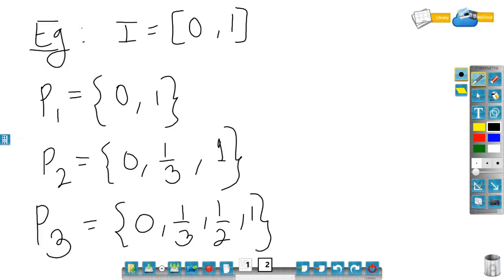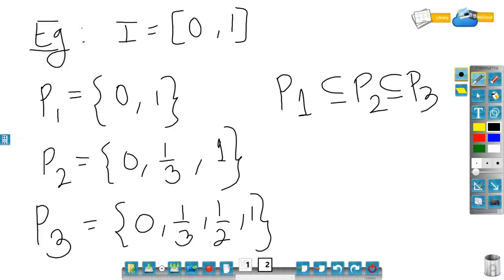Now you can see that P1 is part of P2, and P2 is a part of P3. So by transitivity, P1 is a part of P3.